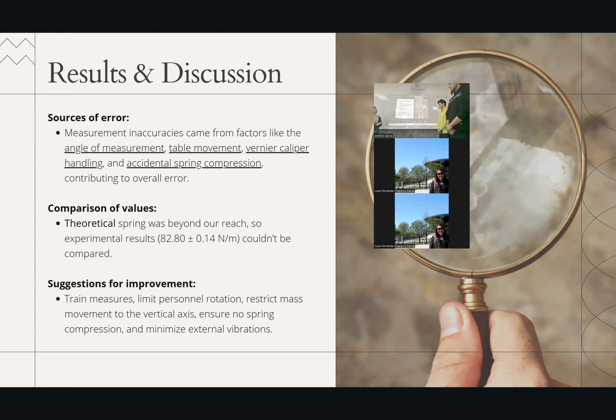As suggestions for improvement, we want to limit the number of people measuring in the experiment, and minimize every other movement happening during that time. Also, making sure the person measuring knows how to handle the vernier caliper.